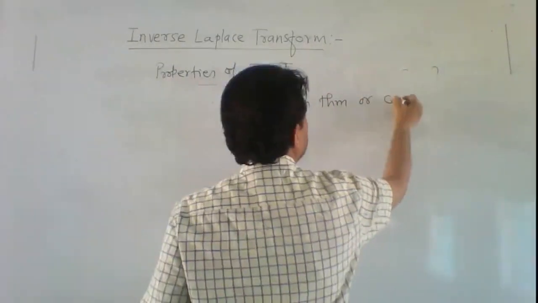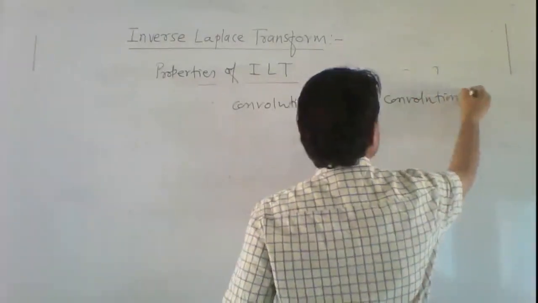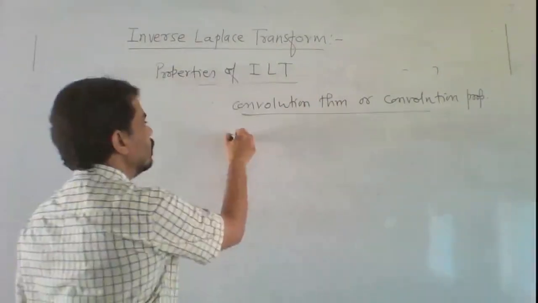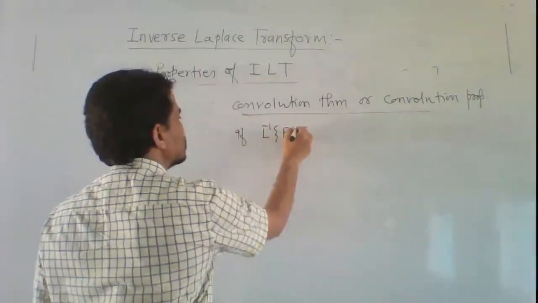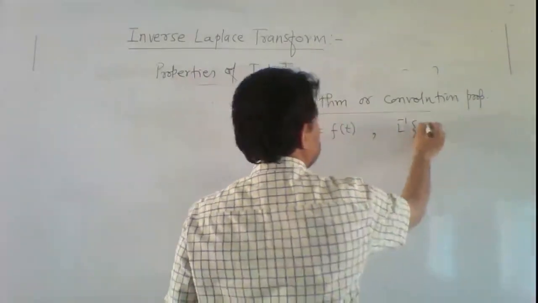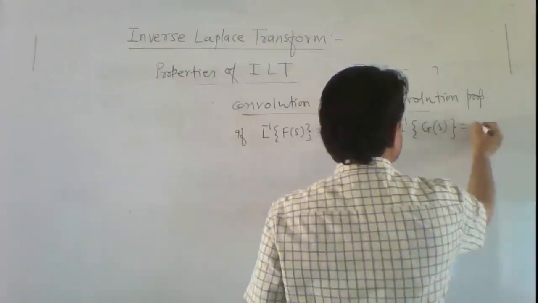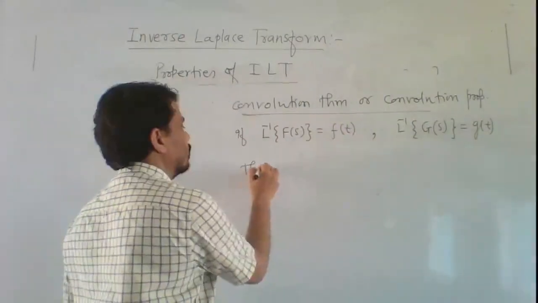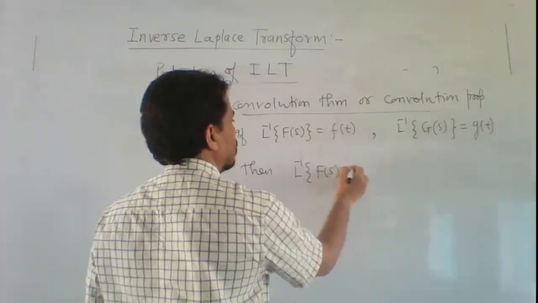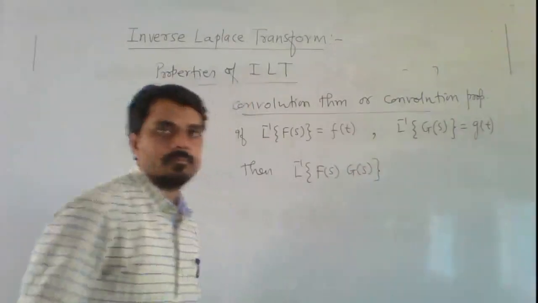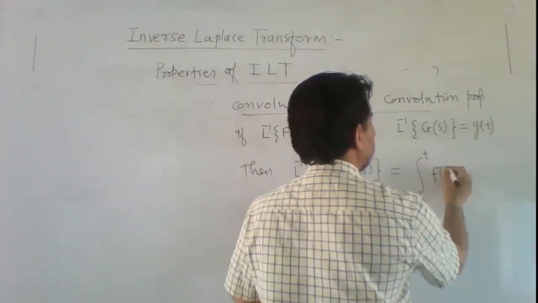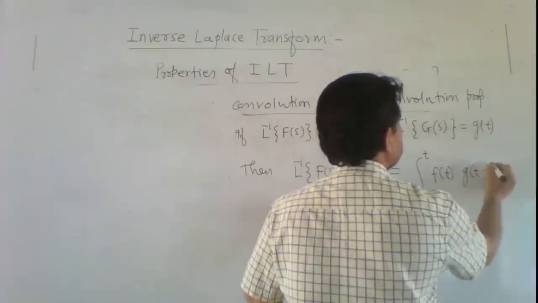If the inverse Laplace of f of s is equal to f of t, and L inverse of g of s equal to g of t, then the inverse Laplace transform of the product of these two functions is equal to the integral 0 to t f of u g of t minus u du.